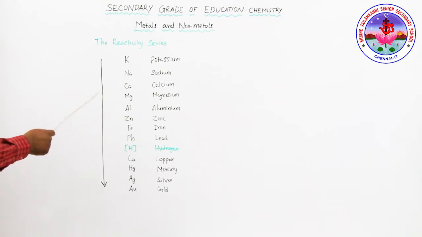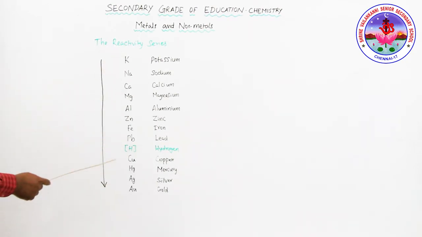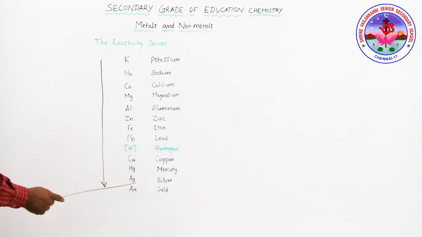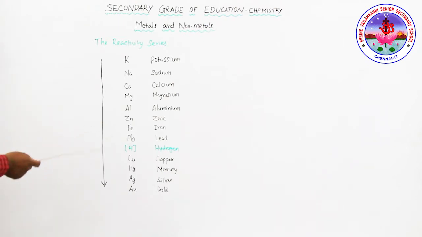Zinc is a moderately reactive metal, then lead. These are the highly reactive metals. Then hydrogen is placed here. After that, these are the least reactive elements: copper, mercury, silver, gold, platinum.